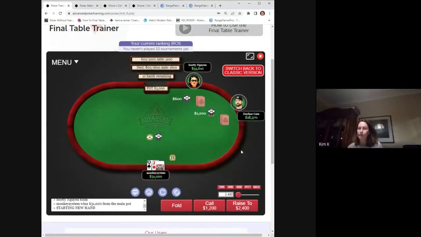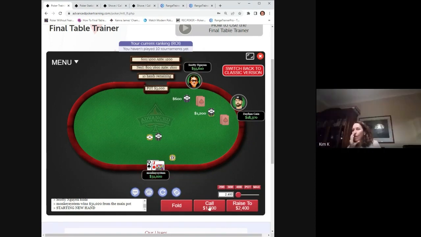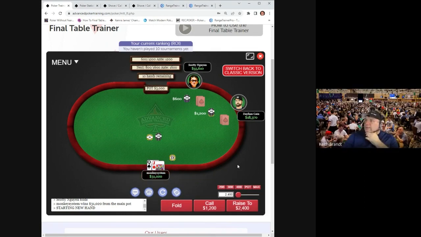This is one of those limping situations that I think a solver would even tell you to limp. The problem is the solver doesn't take into consideration, or maybe some do, what the small blind has. It just goes by the effective stack, but it doesn't have our stack compared to the small blind's stack.